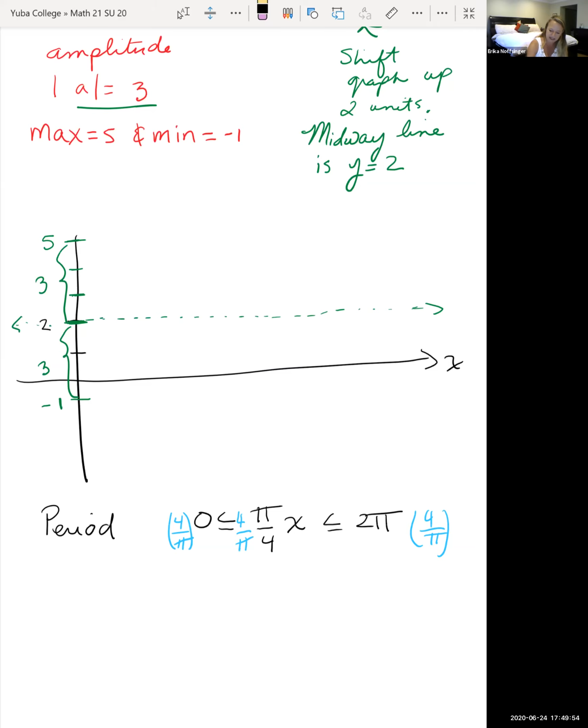Well, 0 times anything is 0. And this is less than x, which is less than, the pi's cancel here, and we have 2 times 4, so this gives us 8. So our period is equal to 8.